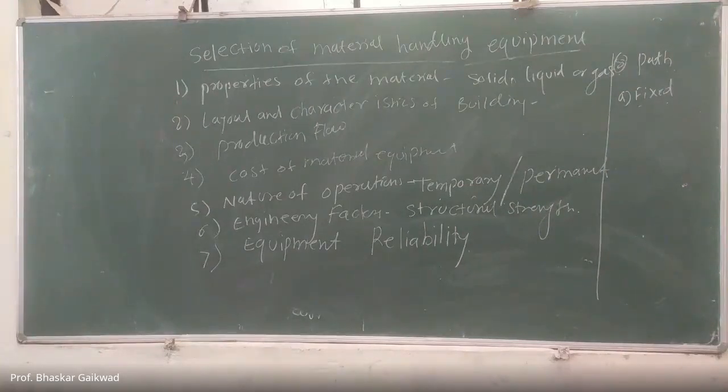It may be a small component, a big component, or continuous transportation. So raw material transportation, semi-finished product transportation, finished product transportation: everywhere we require material handling equipment. So what are the things we have to remember while selecting material handling equipment?